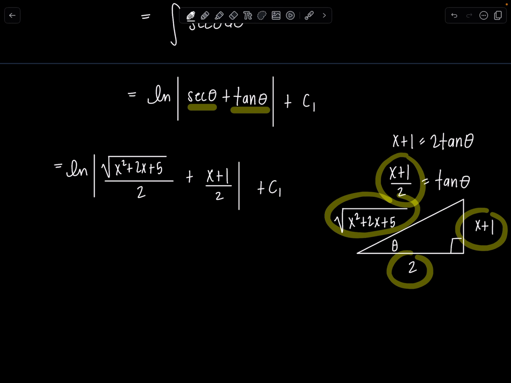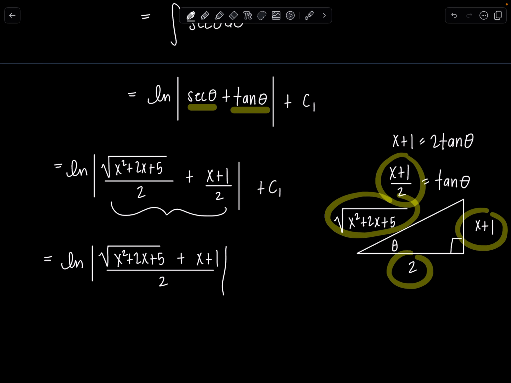And then here is a common little simplification technique that you're going to need to finish off the problem. You see how both terms in the argument of the natural log have the same denominator? So I'm going to rewrite this as ln, absolute value, radical x squared plus 2x plus 5 plus x plus 1, all over 2, plus C1.